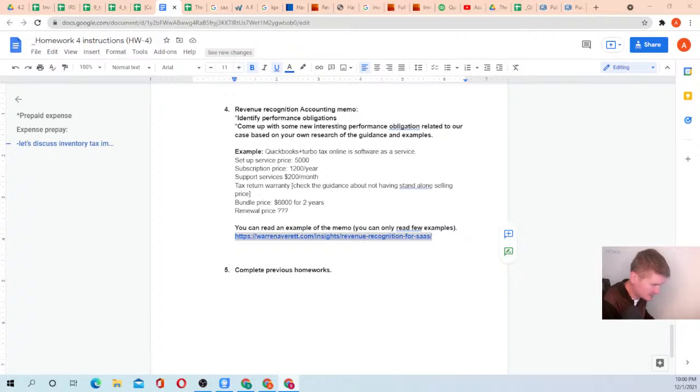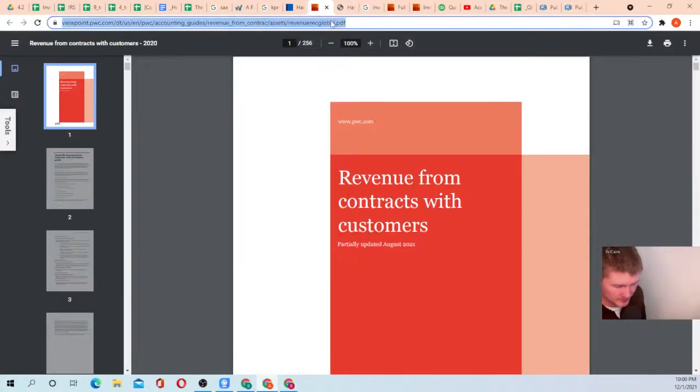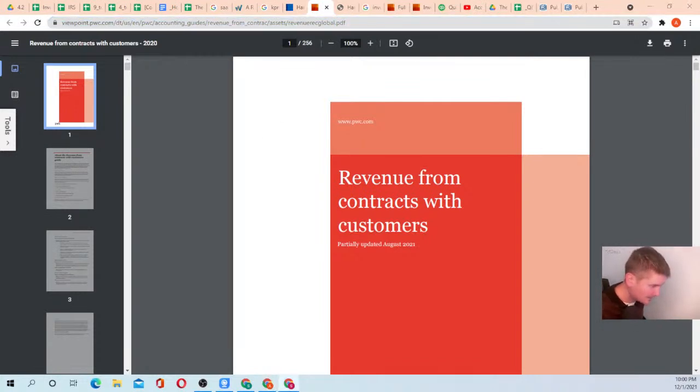Revenue, SaaS. Okay, here is a link to the example and also to the revenue guidance. It's called revenue from contracts with customers.